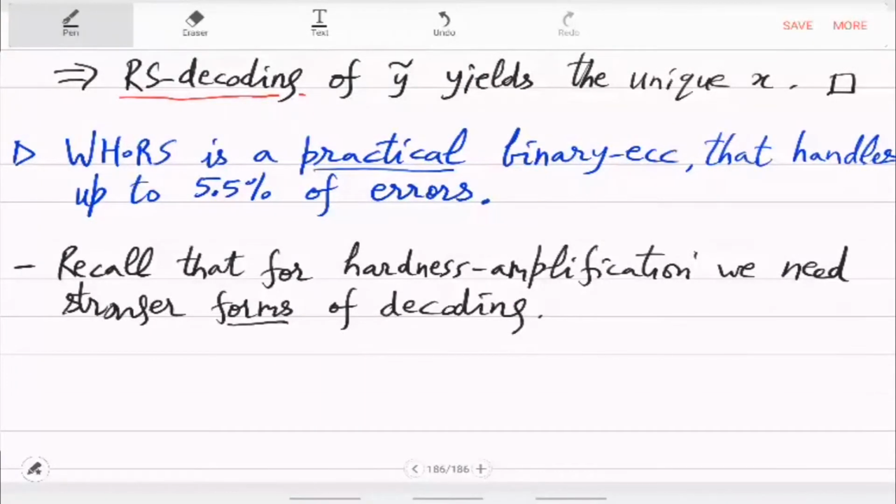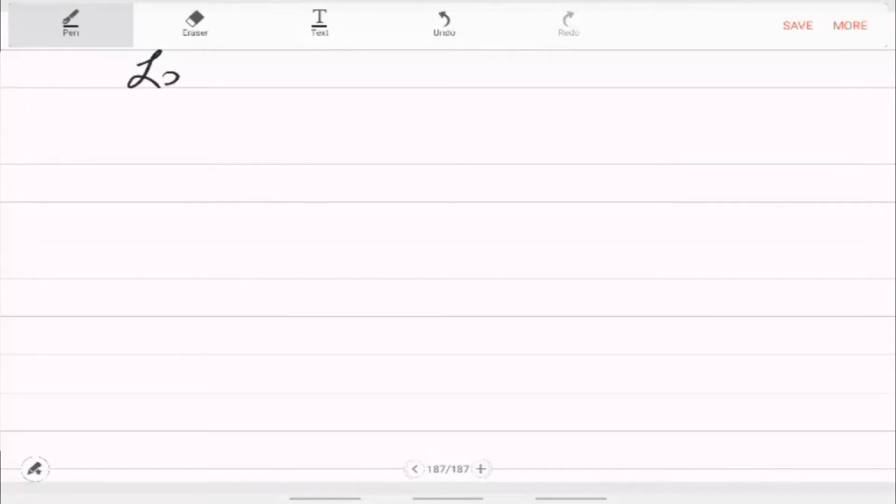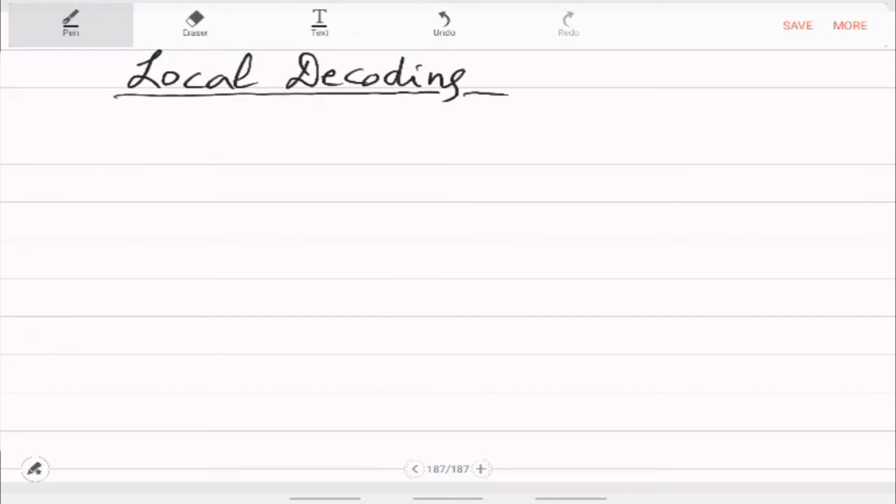The next type of decoding concept is local decoding.